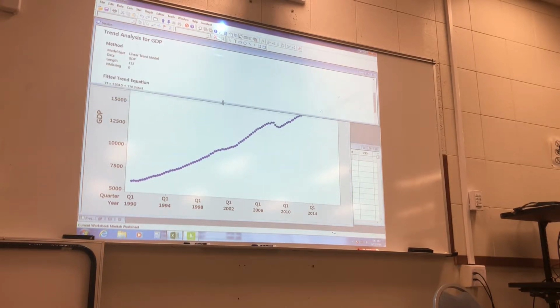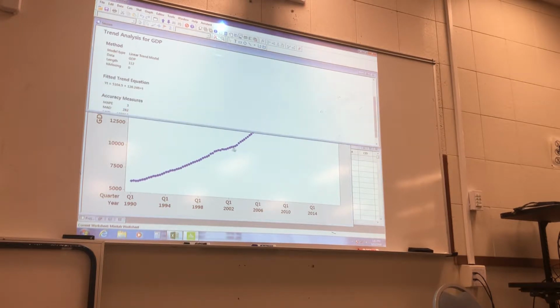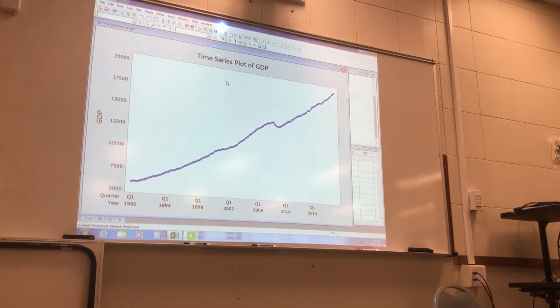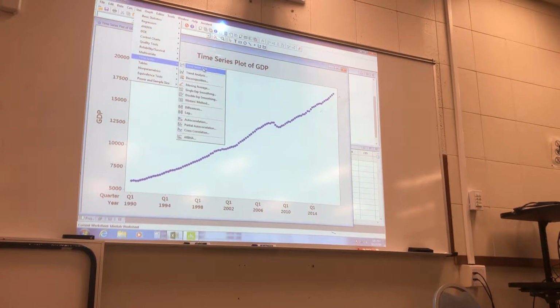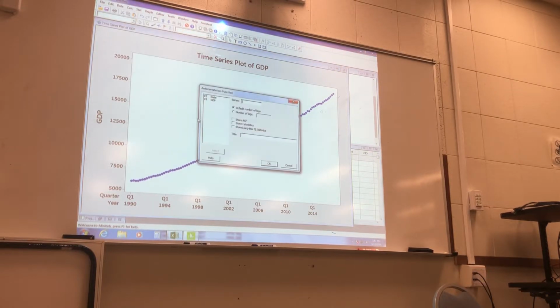So this is what we've got in terms of a time series plot. We've got trend and cycle, and very little seasonality. We can check that, of course. You can always check seasonality with the autocorrelation function. Don't default the number of lags, but put 50 in.